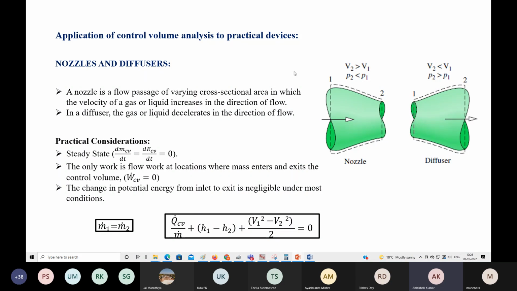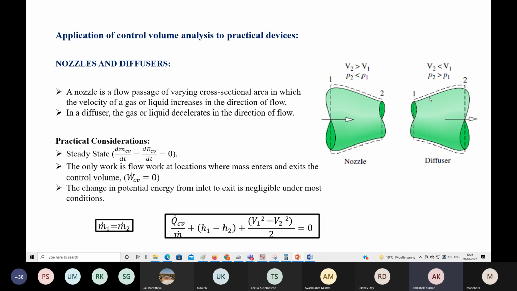So this is the nozzle. This is a convergent nozzle, this is a divergent nozzle. In this case, we can call it a nozzle, and here we can call it a diffuser. What is happening over here? Here high pressure fluid is coming, and that pressure energy is converted to kinetic energy.